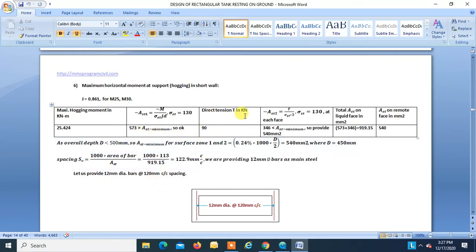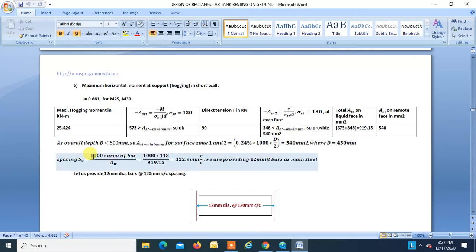So direct tension in short wall is 90. The steel required on each face is 346. So the total steel required on the liquid face will be AST1 plus AST2, that is equal to 919. This 919 is greater than minimum 540, so it's okay.